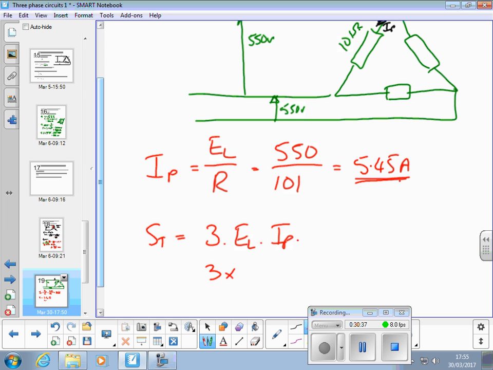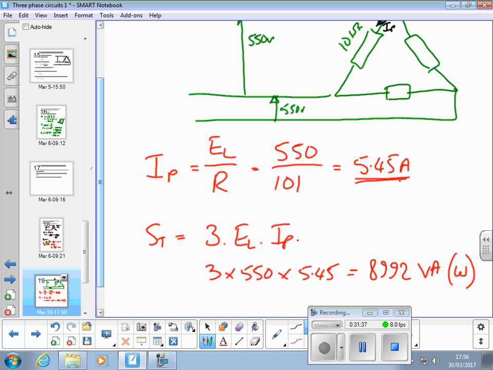So that's 3 times 550 times 5.45 equals 8,892 VA, or actually watts in this case, because it's only resistive.